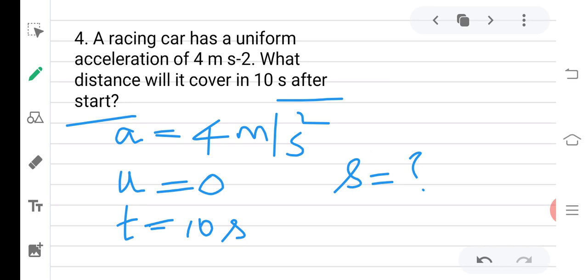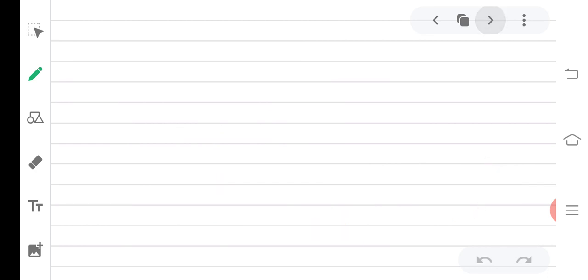So you must use the second equation of motion, which is s is equal to ut plus half at square. Now you use s is equal to ut plus half at square.